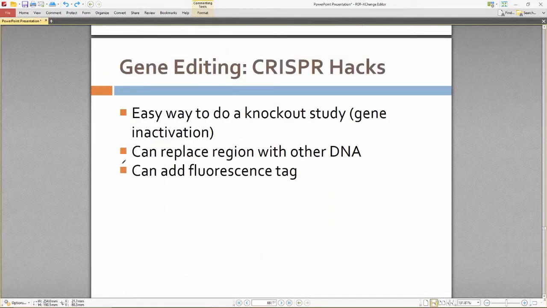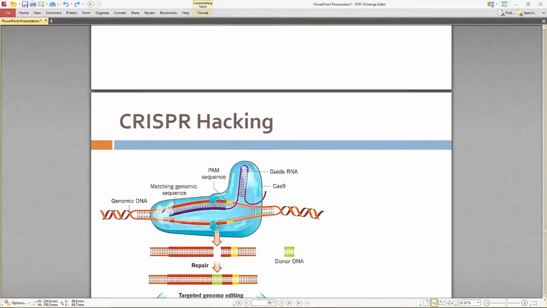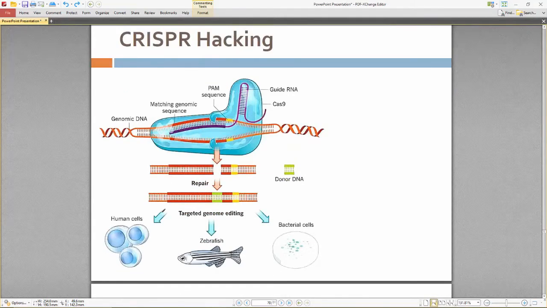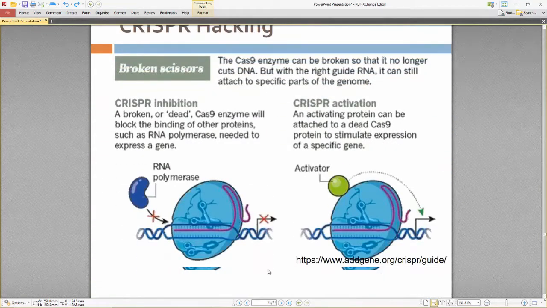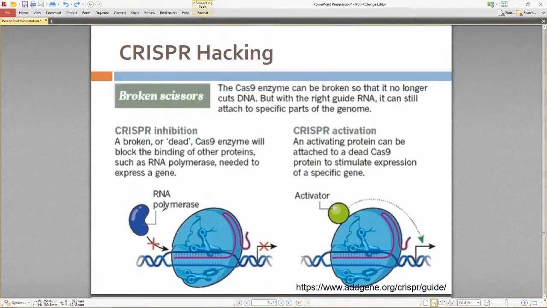You can also replace this region with other DNA, and you can also add fluorescence tags to DNA using CRISPR-Cas9. And this is just another example. With all this CRISPR hacking information, it's a little bit harder to understand, but these are just different ways that we manipulate Cas9.